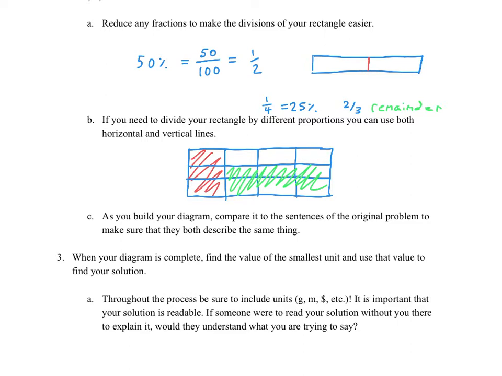As soon as we know that, depending on the question, maybe this is $2 or something like that, then we would know what 2 of those boxes represent. It would represent $4, and so on and so on. From there, you can normally figure out the answer to the problem, whatever it might be asking. And let's make sure to use dollar signs or grams or meters to represent the problem.